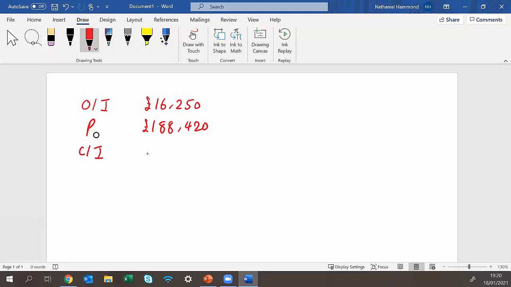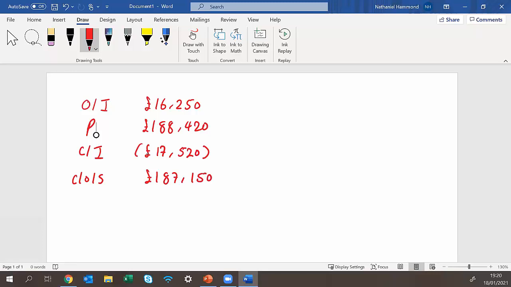So I'm going to put this in brackets just to signal it is going to be a minus figure. And that figure was 17,520. Which, if we put all of them together, comes to the cost of sales of 187,150.